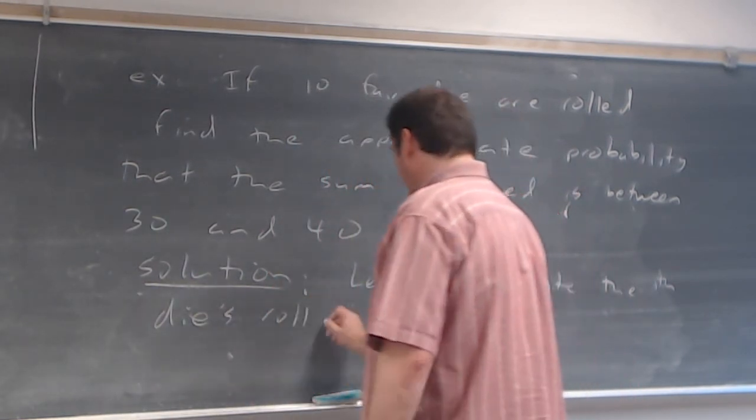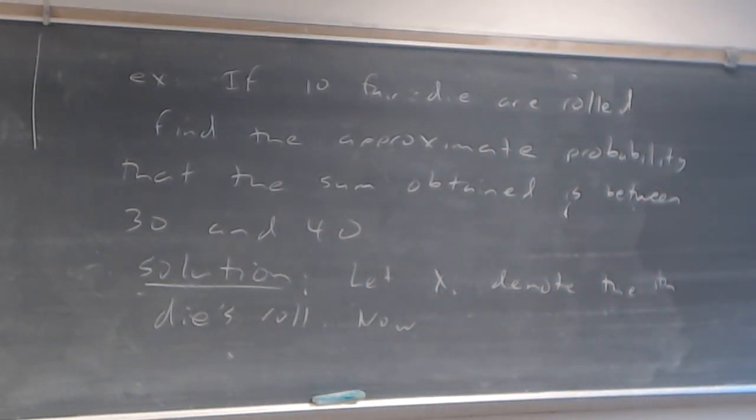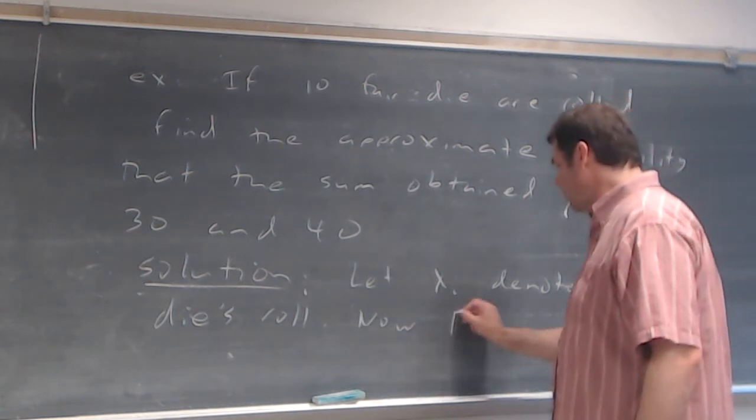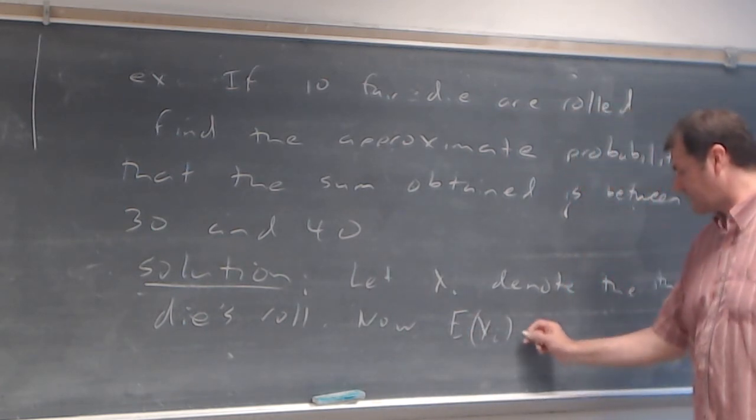Now, here's the thing to notice. What happens on one of the dice that we're rolling is not going to influence what happens on the other one. So they're independent, and they're identically distributed. So if we notice what the expected value of any one of the x sub i's would be, they're all going to be the same.